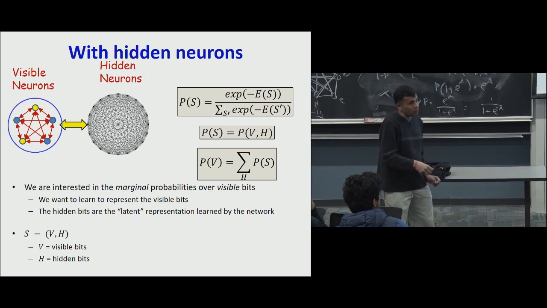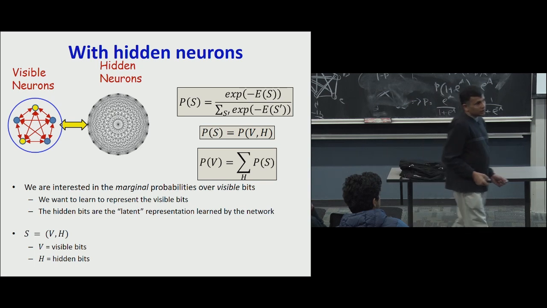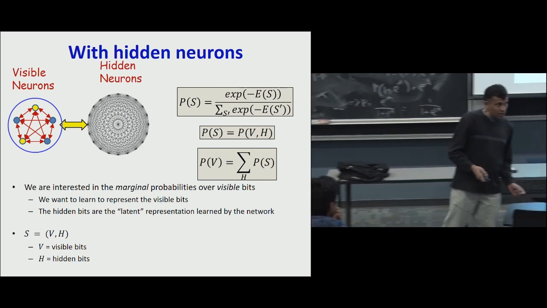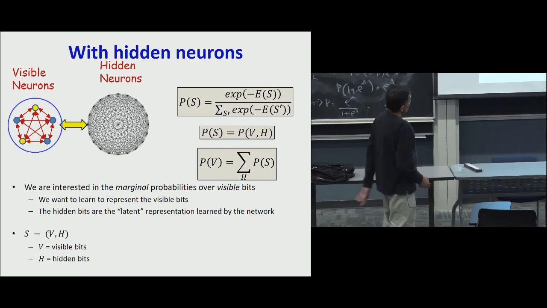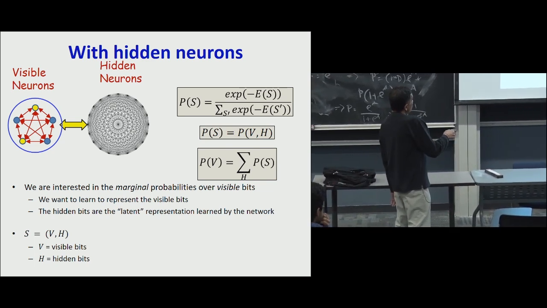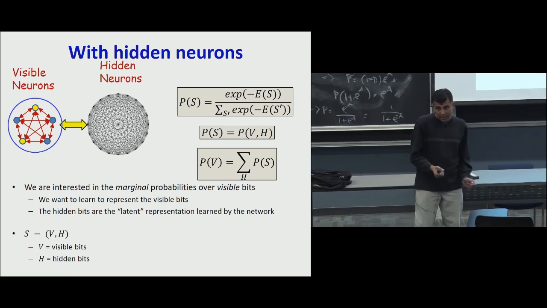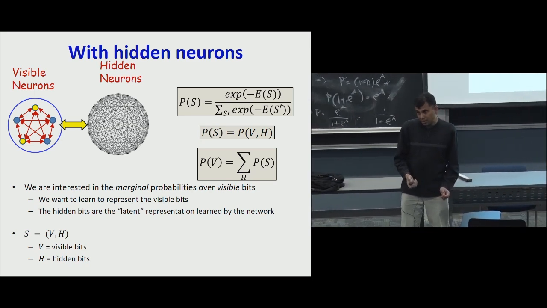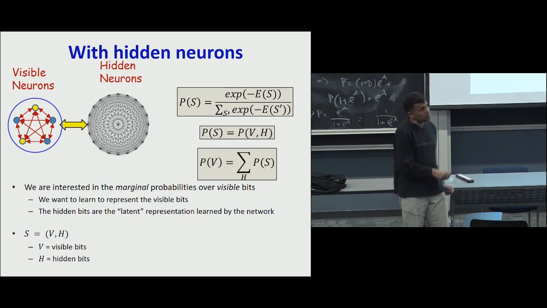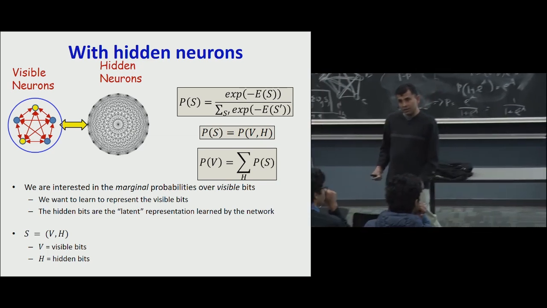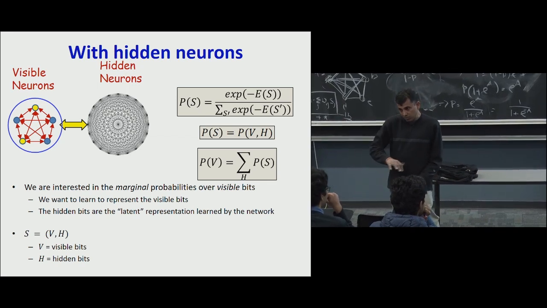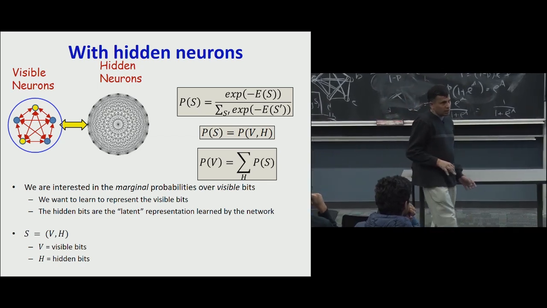The state is actually a combination of V, the visible neurons, and H, the hidden neurons. And so if I want to compute the probability of a specific visible pattern, I can compute it by marginalizing out the hidden states of the hidden neurons from a completely probabilistic perspective.